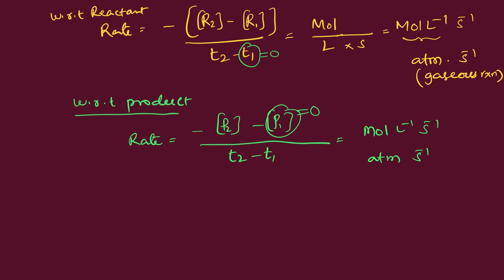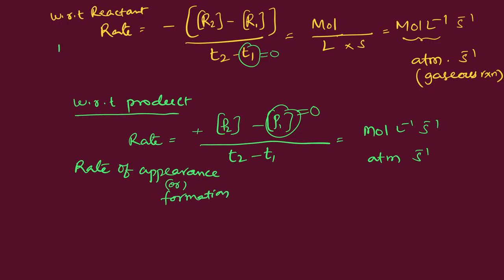If you want, you can write positive, but nothing written is also a positive quantity. So now we know the rate of disappearance and rate of appearance. With respect to product, it is called mean rate of appearance, or it can be said rate of formation.